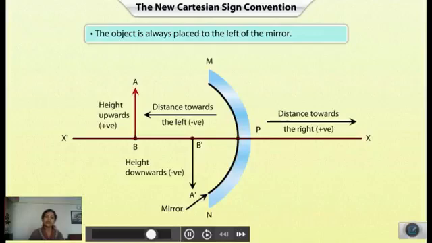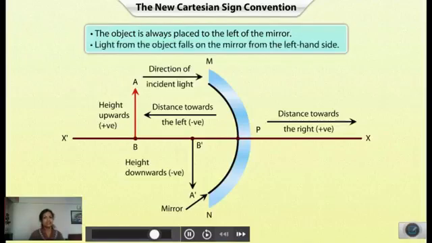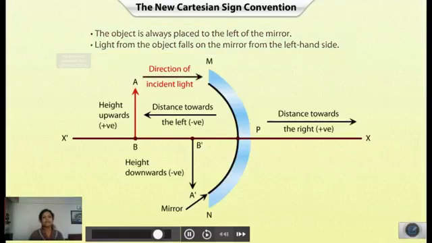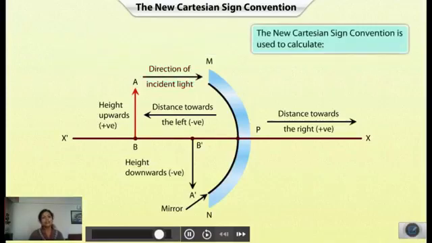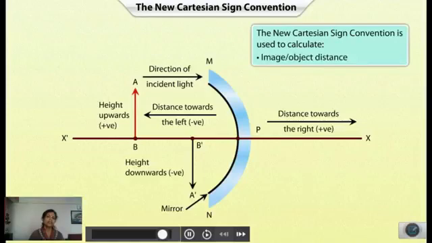The object is always placed to the left of the mirror, so our object distance is always negative, and the light from the object falls on the mirror in the direction of the pole. So this new Cartesian sign convention is used in calculating the image distance.